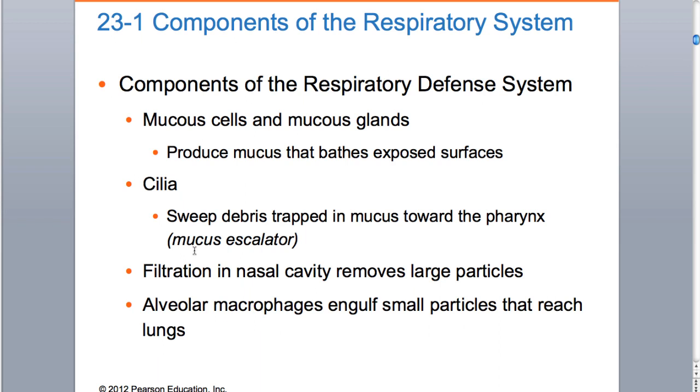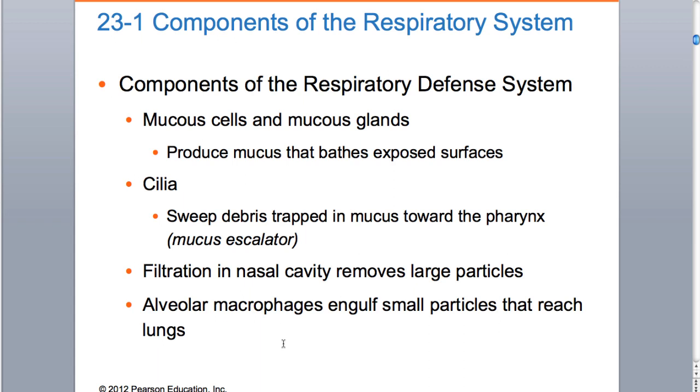Remember I mentioned it's sort of like an escalator going up by way of the cilia. We have our mucus cells already shown in that last picture. And what does it really do? Our nose, for example, serves as a filtration. Right? So our nose, that nasal cavity, will serve as a filtration. That is why it's better to breathe from your nose than your mouth. Okay, so it acts as a filtration.